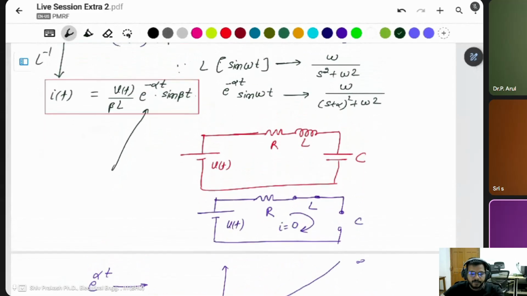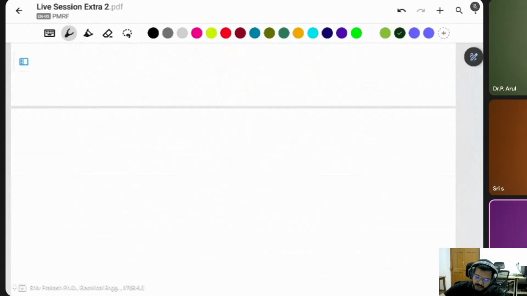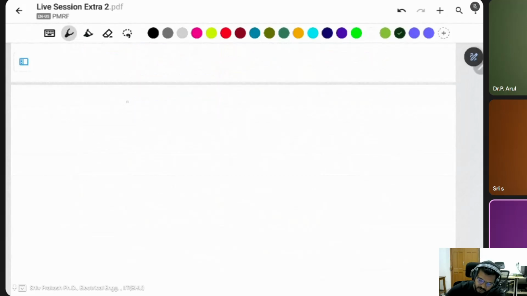Actually, it looks like Vs by beta L, e power of minus alpha t into sine beta t.